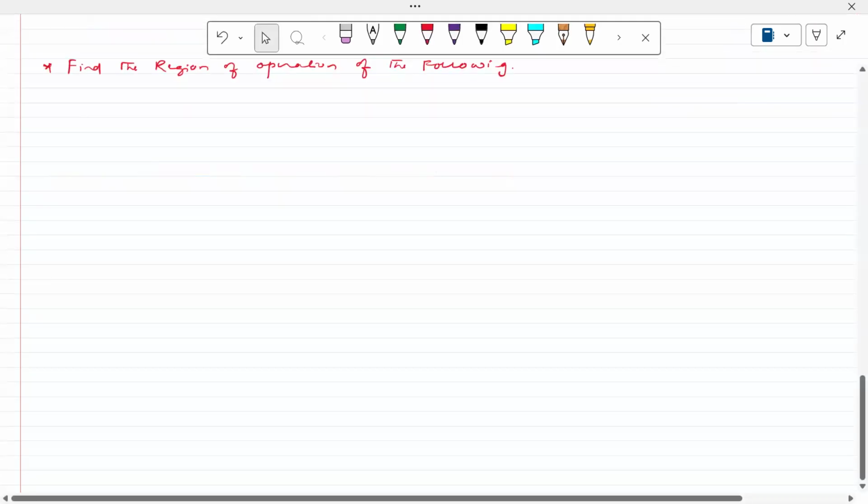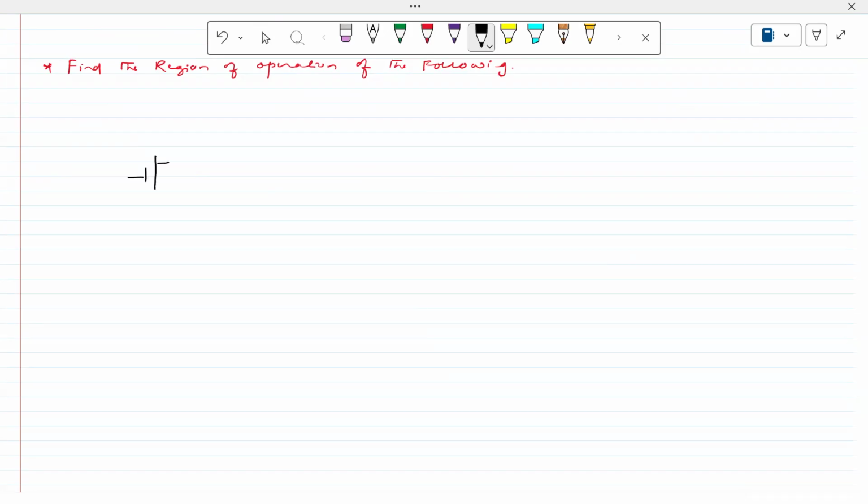The first question is, for example, consider that they have given it in this way. We have 2 volts here, 1.8 volts here, and 2 volts given here.